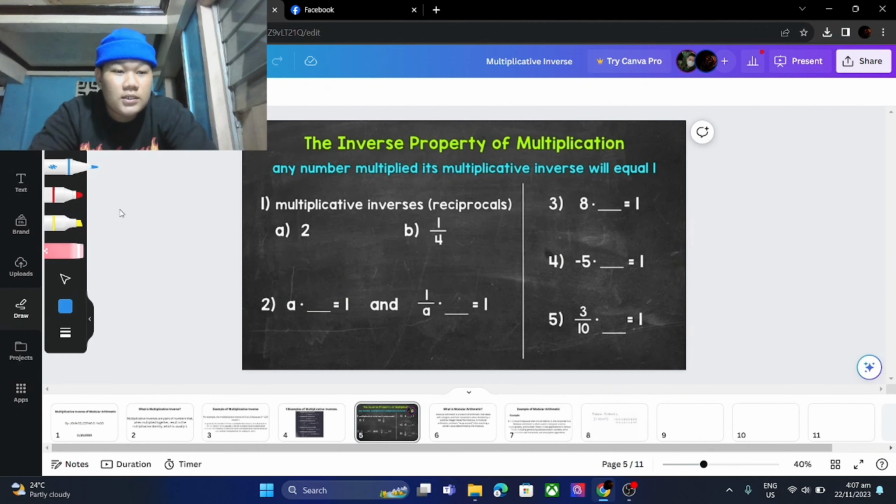To find the answer, you need A over 1 inverted, which is 1 over A. Then you multiply: A times 1 equals A, and 1 times A equals A. So the answer is again 1. The answer you put here is 1 over A, because that is the result of inverting it.